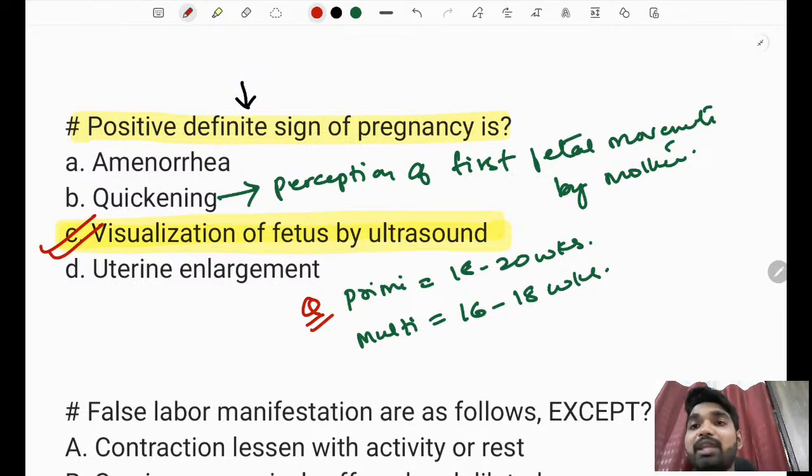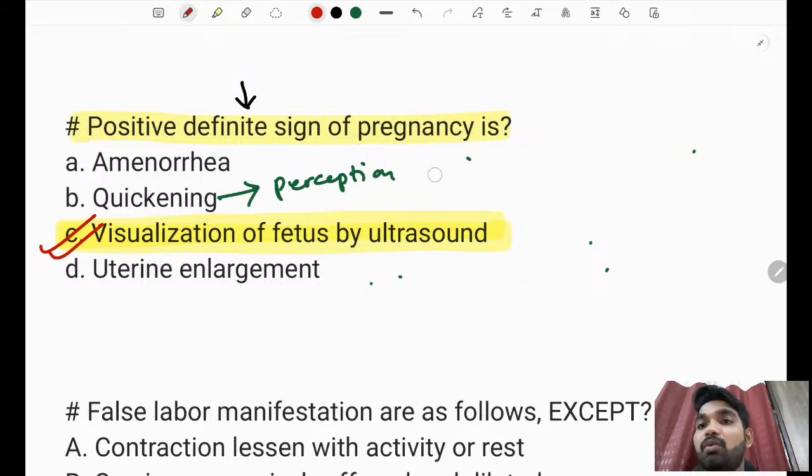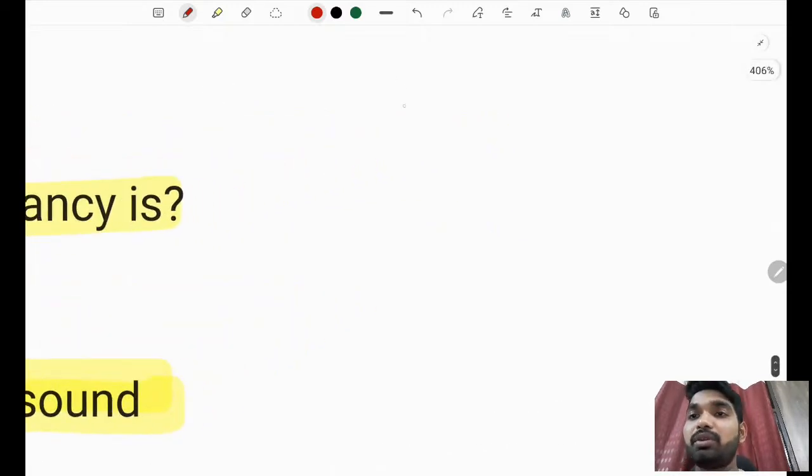Now tell me, what are all the diagnostic signs of pregnancy? Let me tell you, I think you people have confusion. Let me clear it for you. Diagnostic sign means 100% that it will tell you that the woman is pregnant. Don't tell me amenorrhea, all these things.